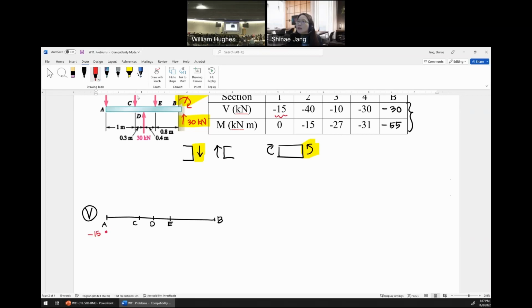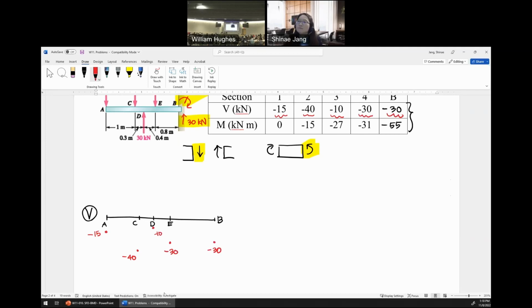Right after C, minus 40. Right after D, minus 10, slightly, right? So this is minus 10. And then right after E, minus 30, like this. And then at B, we have minus 30 as well, right? So these points are what we have right now, okay?